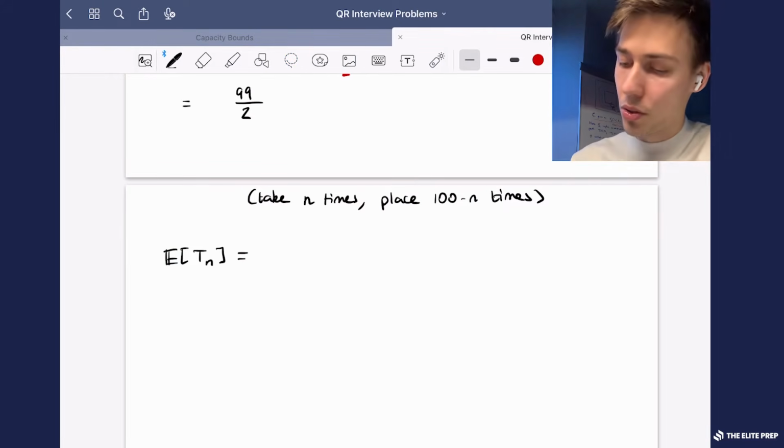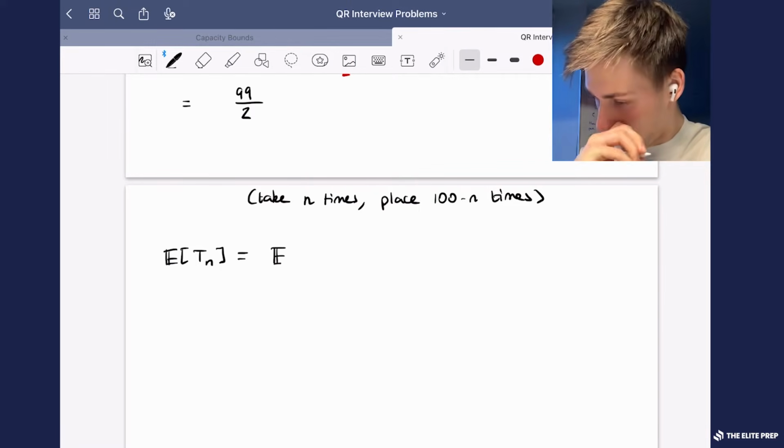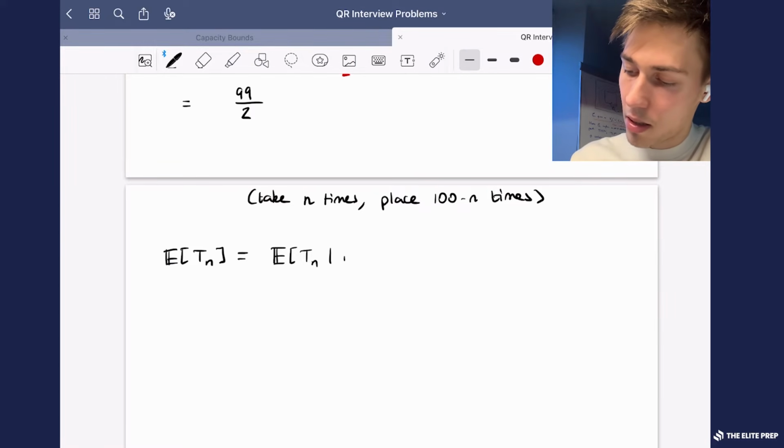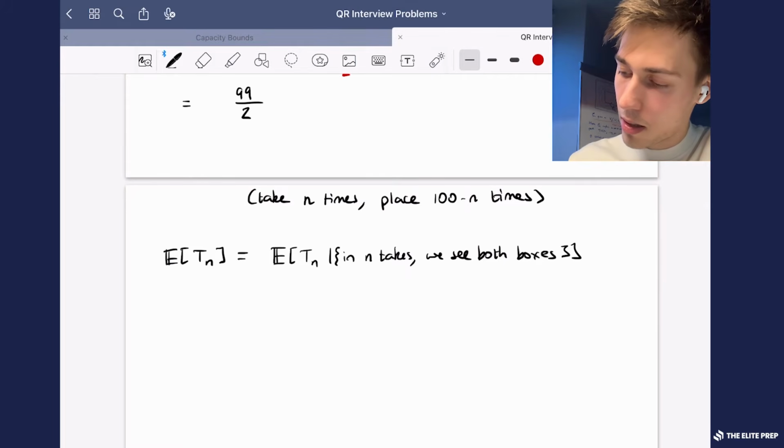This is equal to the expected value of Tn, given that in n takes, we see both boxes, and that's multiplied by the probability of this event.